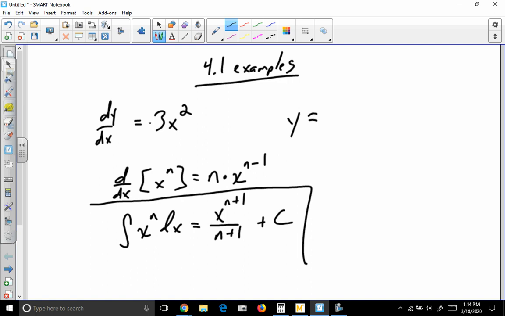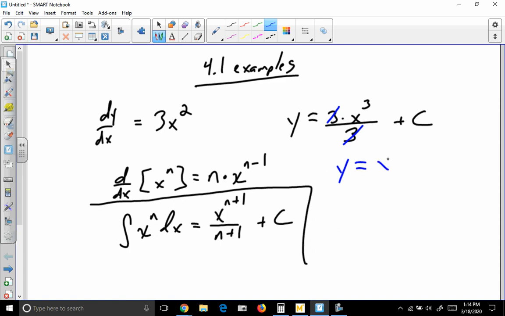So for our example, the antiderivative of this, we would do x to the 1 greater power. So 1 more than 2 is 3. And then we would divide by that exponent plus c. Now the 3 that we had out front to begin with and the 3 on bottom, those cancel.